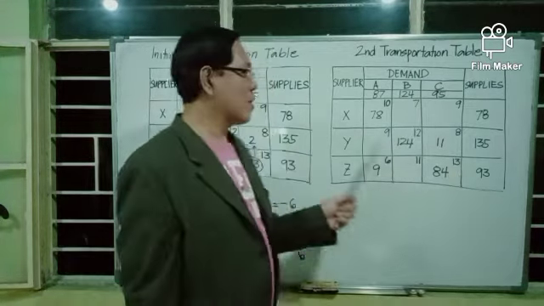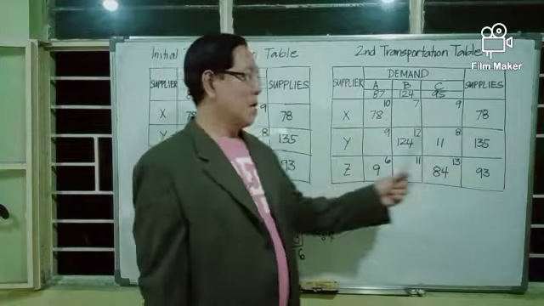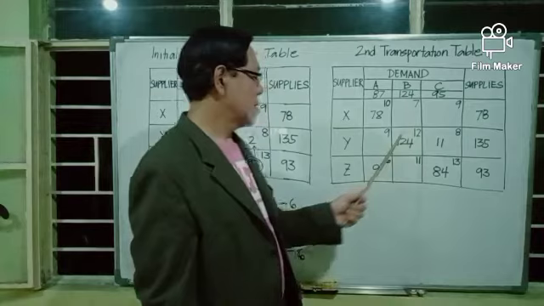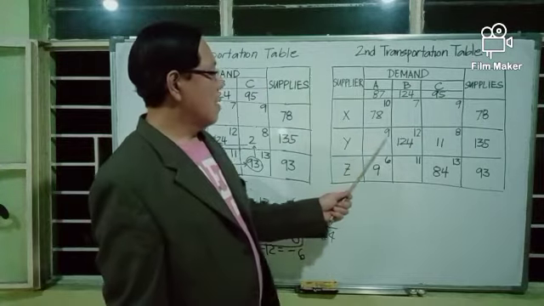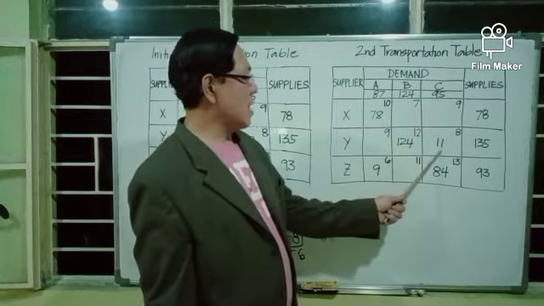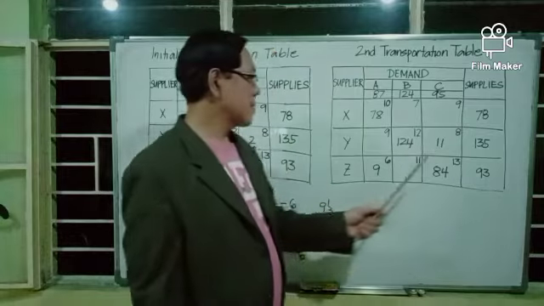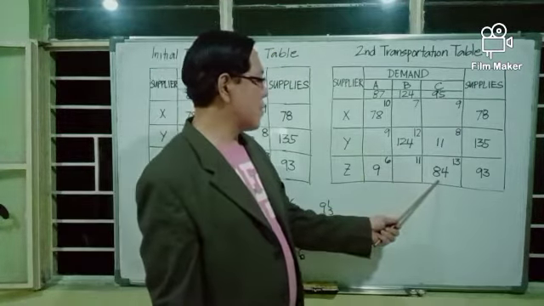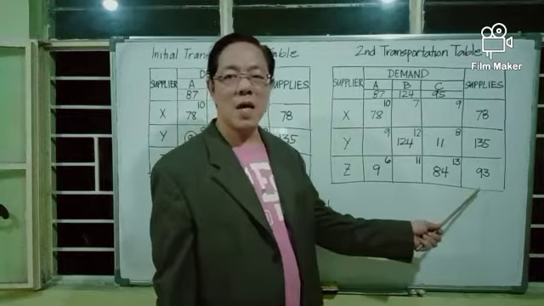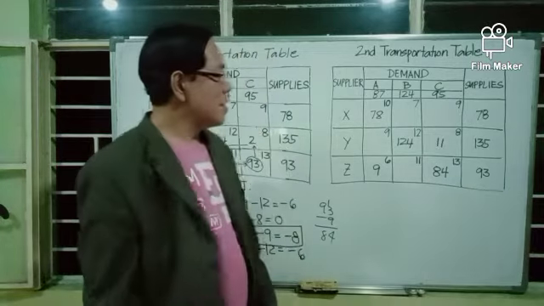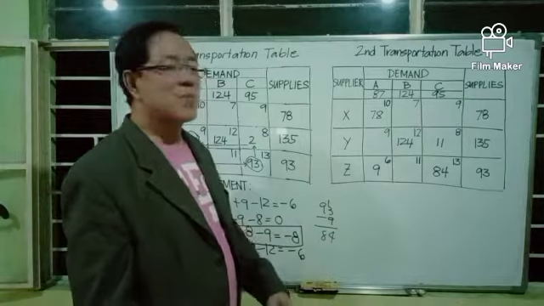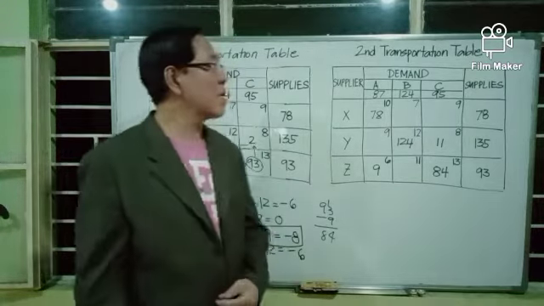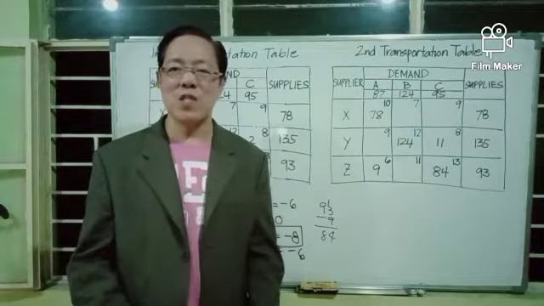Also add the numbers horizontally. 78 plus 0 is 78. 0 plus 124 plus 11 is 135. And 9 plus 0 plus 84 is 93. And this is the second transportation table from which we will now develop the second distribution plan.